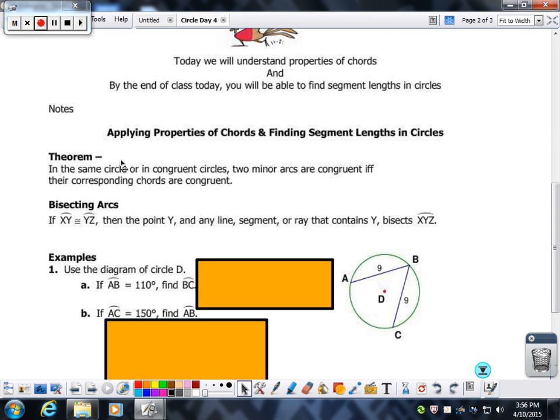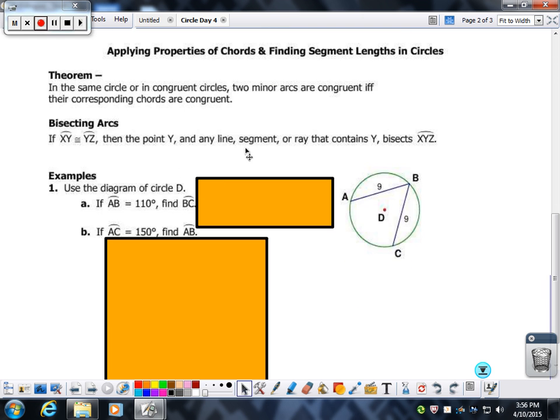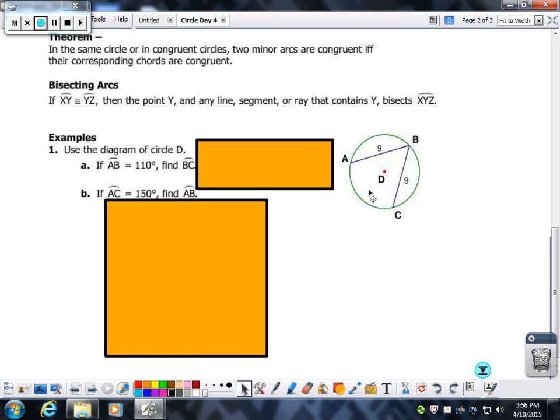So our first theorem of the day says in the same circle or in congruent circles, two minor arcs are congruent if and only if their corresponding chords are congruent. So what that means, ignore this bisecting arc here for a second. If we look at circle D, we can see that segment AB is 9 and segment BC is 9.